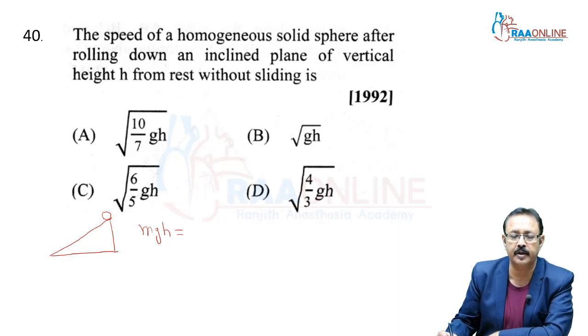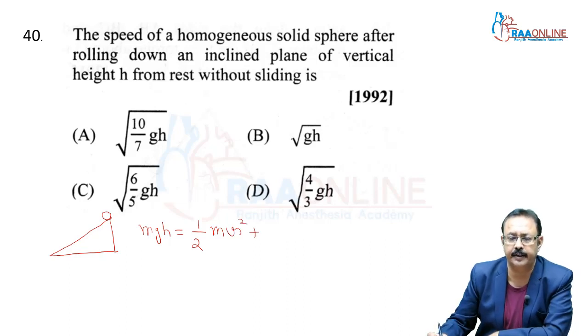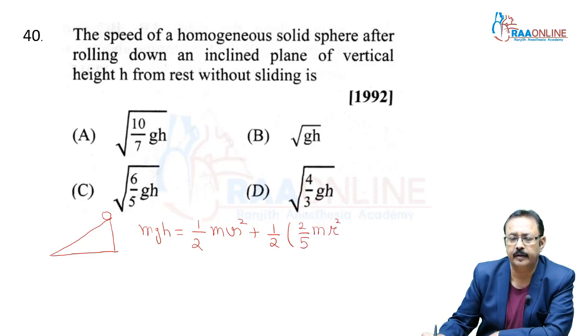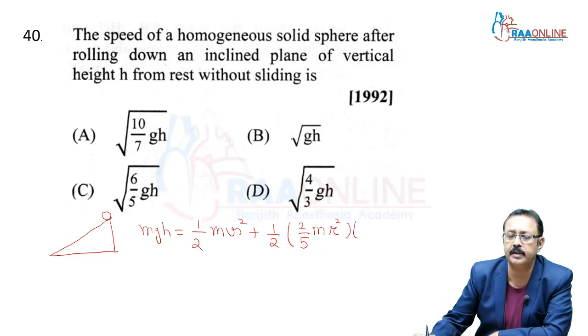What is translational kinetic energy? Half mv square. What is rotational kinetic energy? Half I, and for a solid sphere, I is 2 by 5 mr square. Half I omega square, where omega square means v square divided by r square.